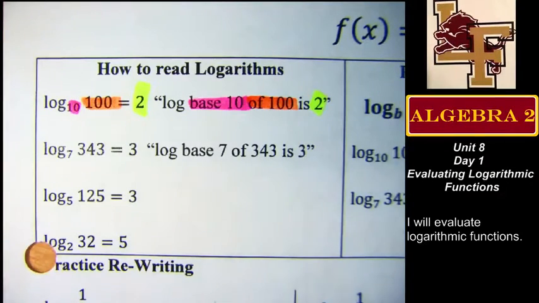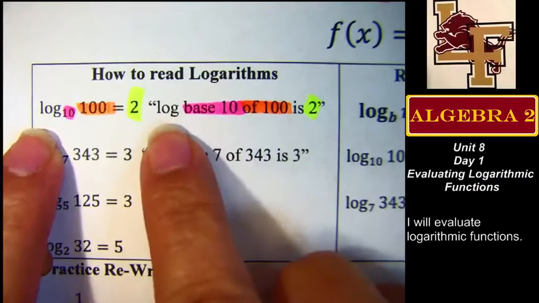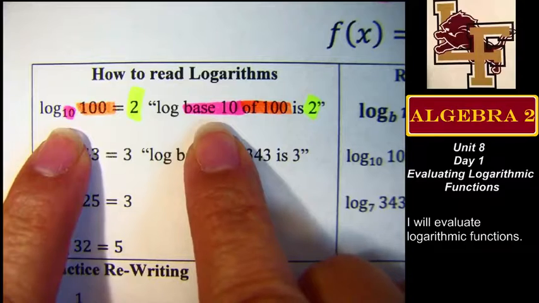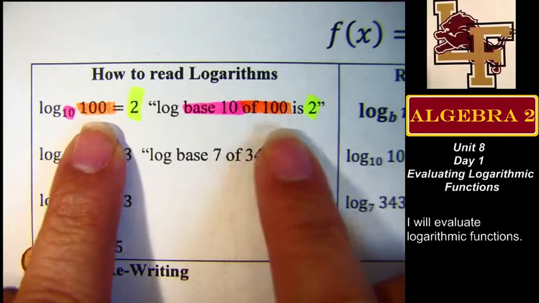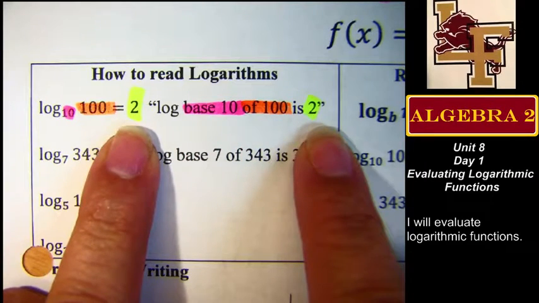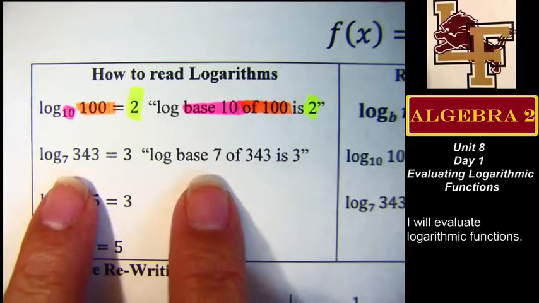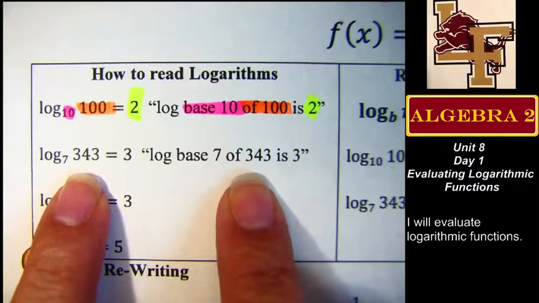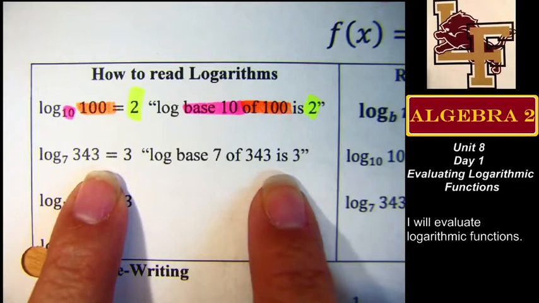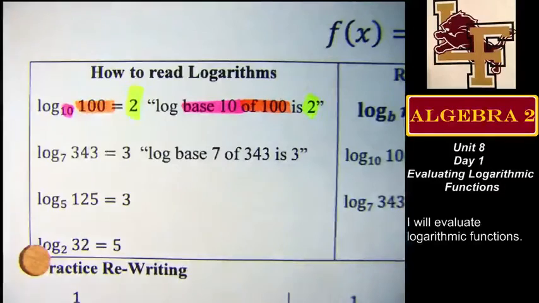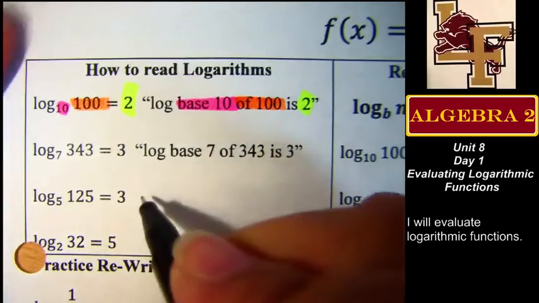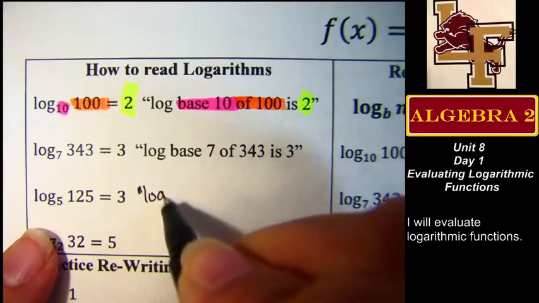Let me reread. Log base 10 of 100 is 2. Okay? We're going to read this one again. Log base 7 of 343 is 3. All right, let's practice translating these into English. Log base 5 of 125 is 3.